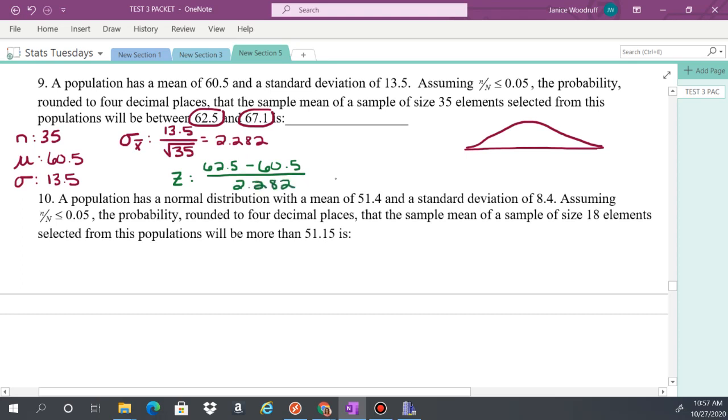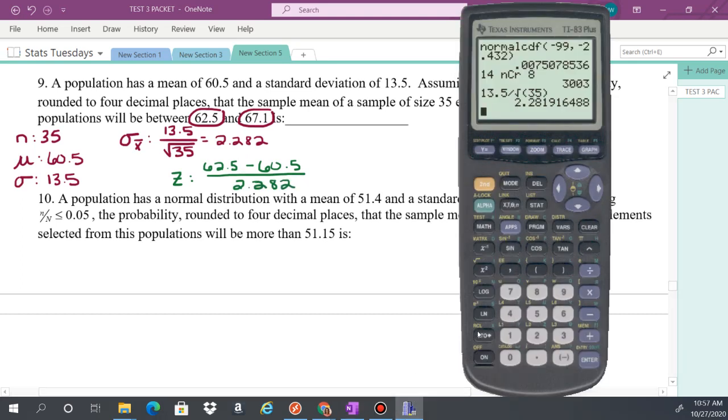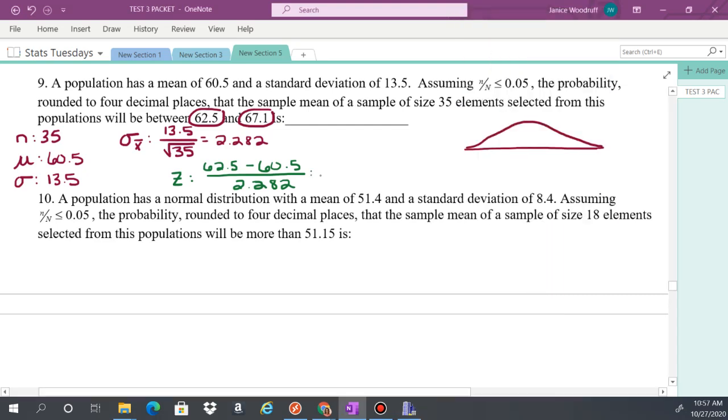So 2 divided by 2.282 gives us 0.876. If I have a 0 right here, 0.876 is maybe right here on this curve.